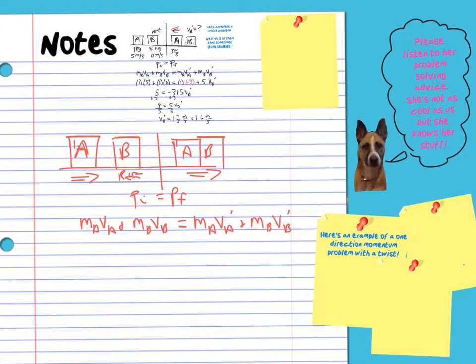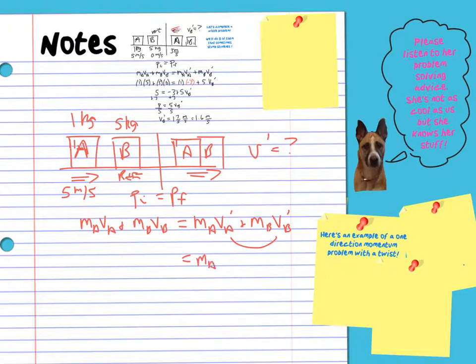We're going to use the same numbers. This is still 1 kilogram, and this is still 5 kilograms. A is moving 5 meters per second, just as it was before, and we want to find V prime. We want to know how fast A and B are traveling together. Because A and B are sticking together, their velocity is the same.